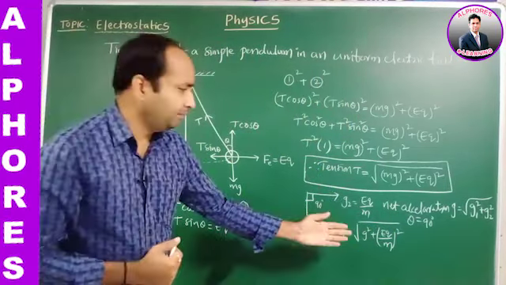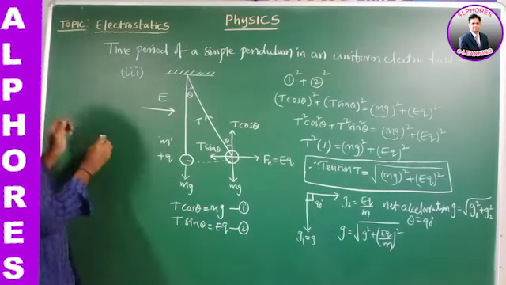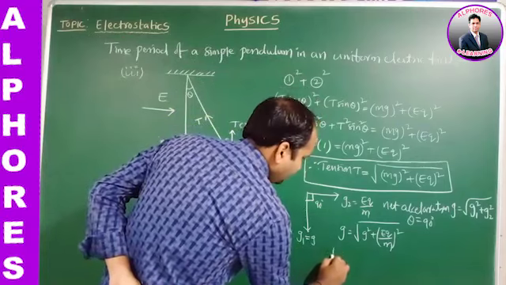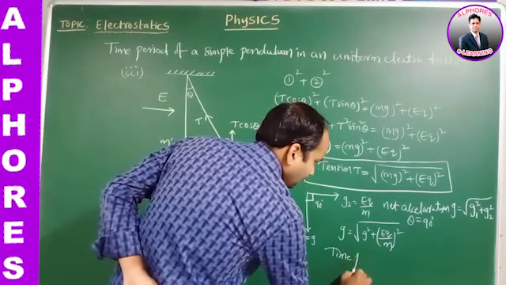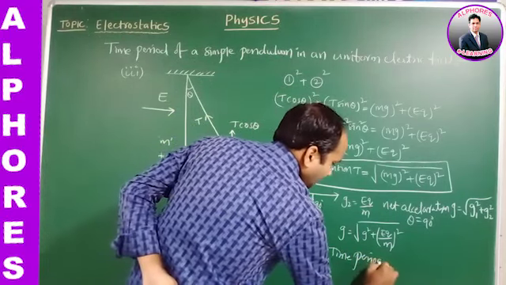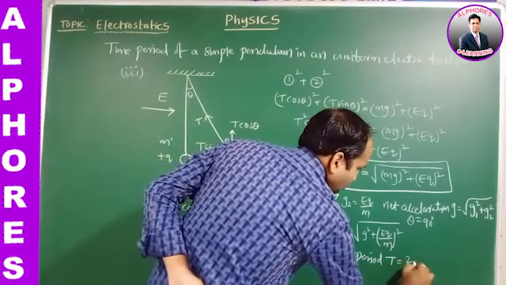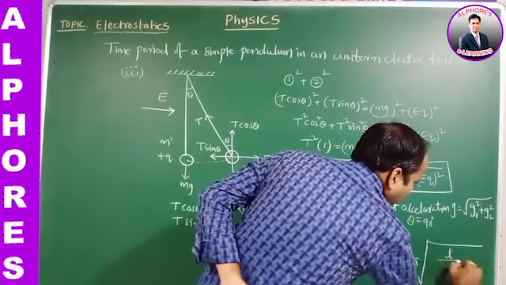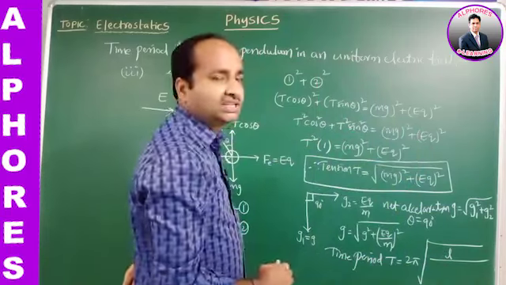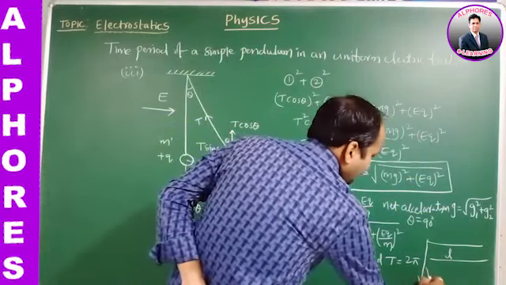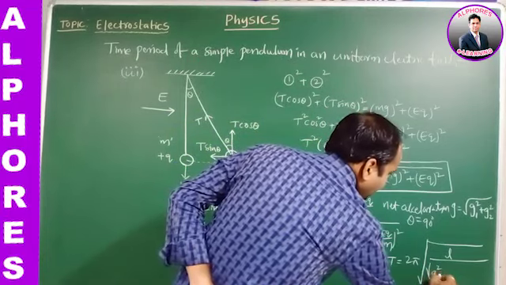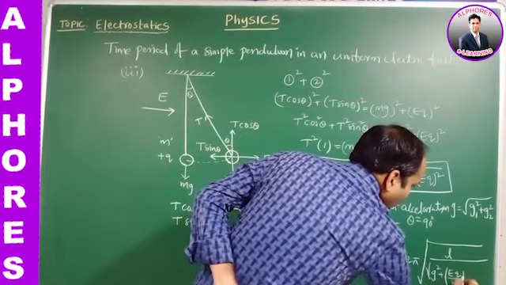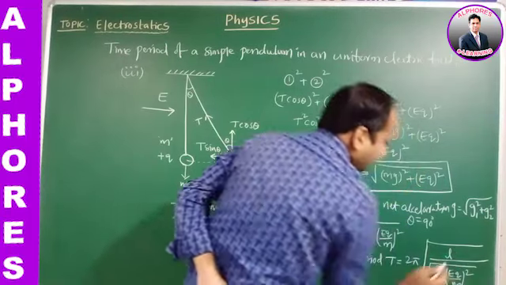Now we should write the time period. The time period T is equal to 2 pi times the square root of L by the net acceleration. The net acceleration is the square root of g squared plus (Eq by m) whole squared. Again the root here.